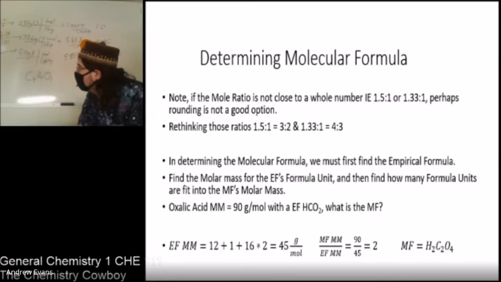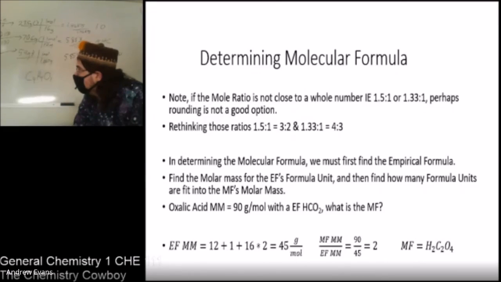But from there, once we have the empirical formula, if we know the molar mass of the compound, we can determine the molecular formula. Because the empirical formula is essentially one formula unit. It's one fraction of the mass. If we can determine how many formula units would fit into the molecular formula, we can determine what is the molecular formula.